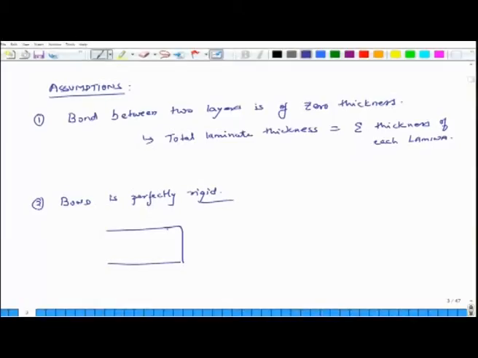Suppose there is a laminate which has 2 layers only, and the bond is perfectly rigid. Then when it bends, this edge will remain straight. This is the deformed surface of the laminate. Suppose I want to bend this laminate, then this edge remains straight, and this angle also remains at 90 degrees. So, this is when you have a perfectly rigid bond.